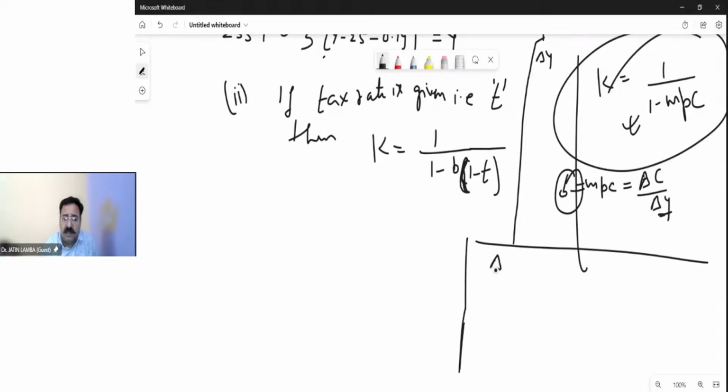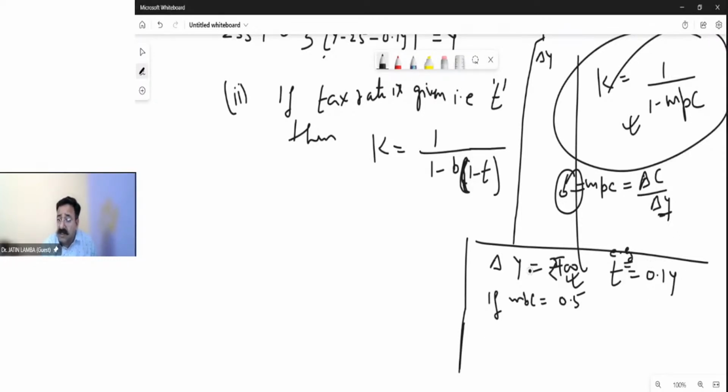See, if there is a change in income equal to 100, right? Change in income is equal to 100. Now, if MPC is, say, 50%, and there is a change in income by 100 rupees and the tax rate is 0.1 of Y, that is 10% of Y. The tax rate is given as 10% of Y, so I am taking it as an example.